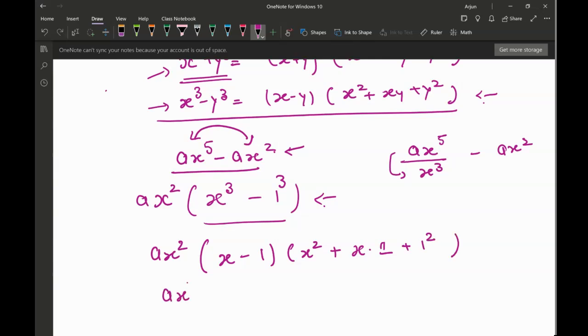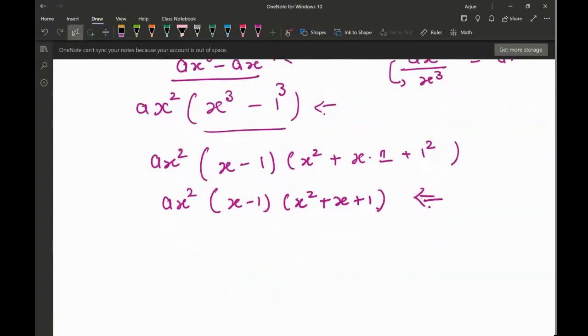Now the final answer will be ax square times x minus 1 times x square plus x plus 1. This will be my final answer to the given question.